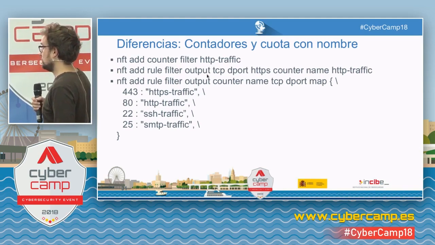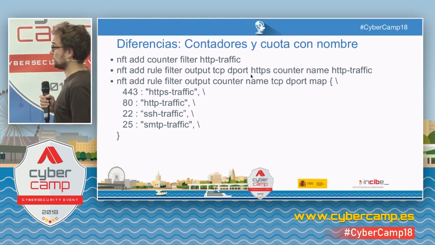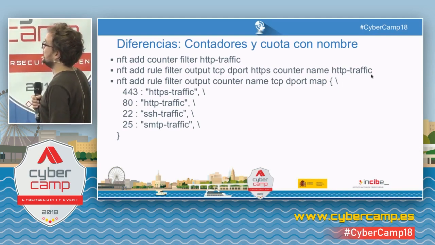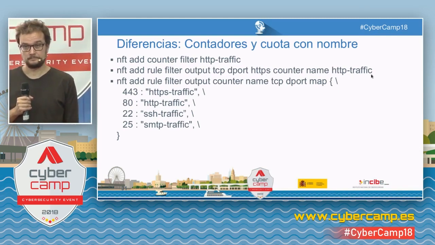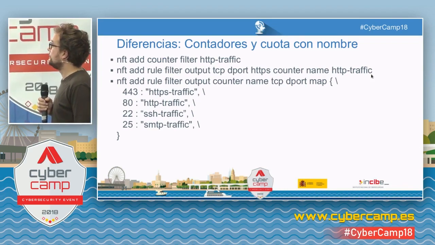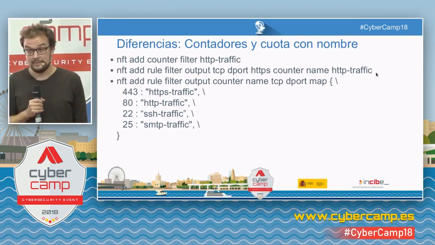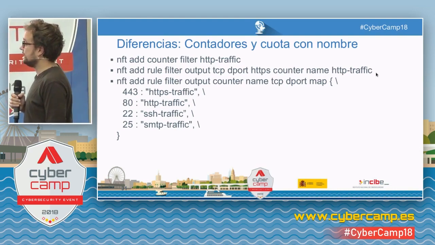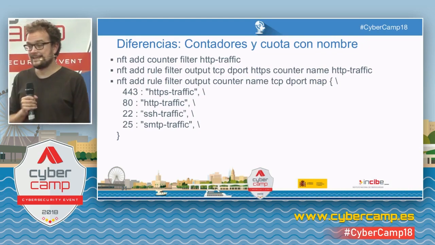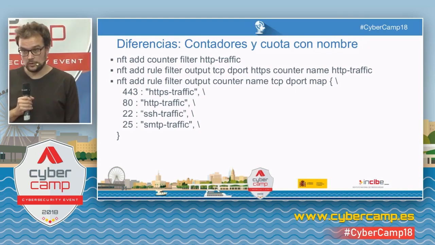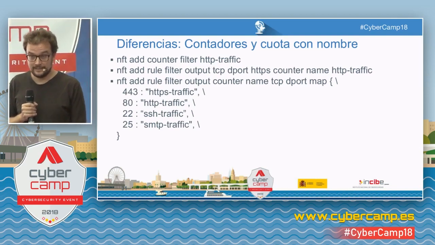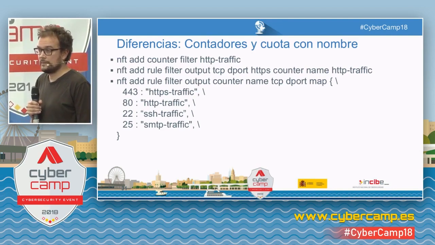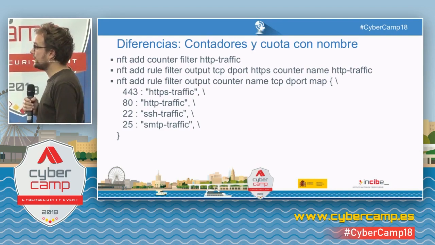This rule says that for output, any traffic going to HTTPS, we should have the counter named HTTP traffic. So there's an extension called nfacct for accounting, and yet you need to add a rule for every object to be counted. NFT has a huge advantage because that can be combined with maps and sets.